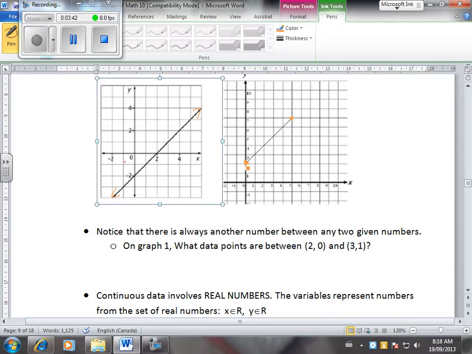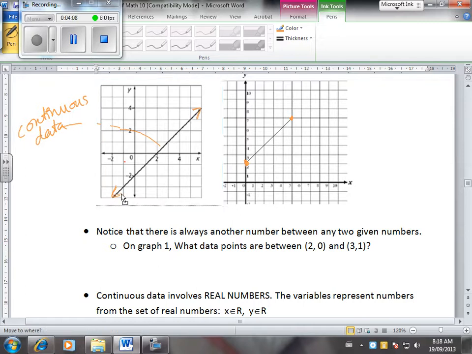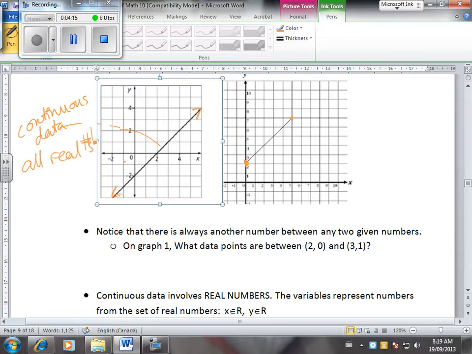So this being the line, right? The line shows that this is continuous data. And then which numbers are included in here? And I want you to think back to when we did set notation, when we had that very last example. So are there any upper or lower restrictions here? And there aren't, because there are two arrows. So this is all real numbers.